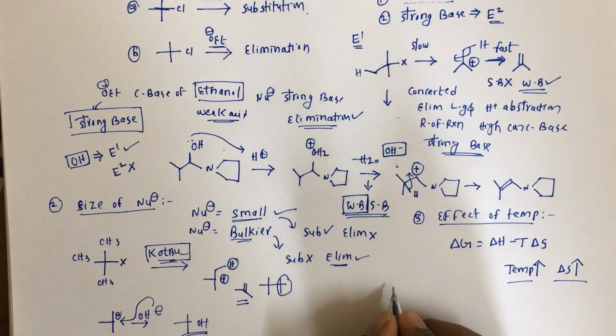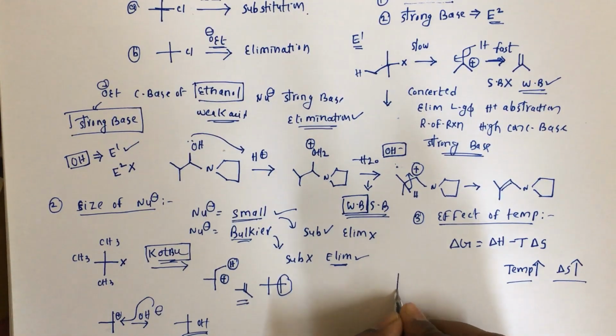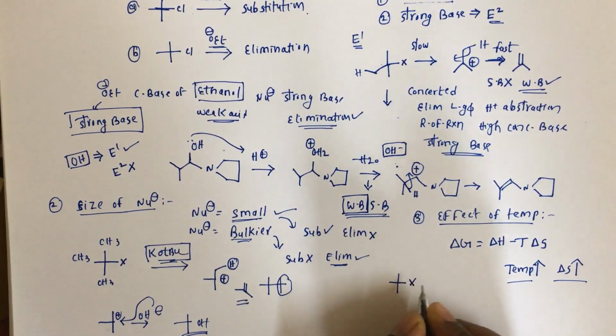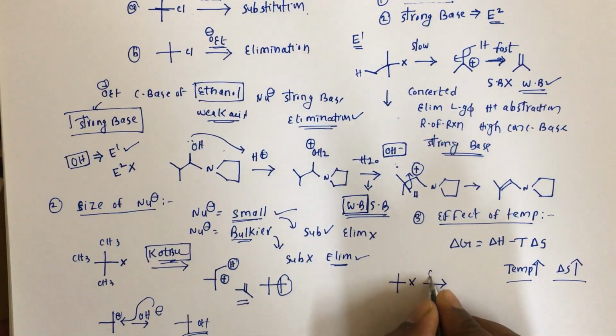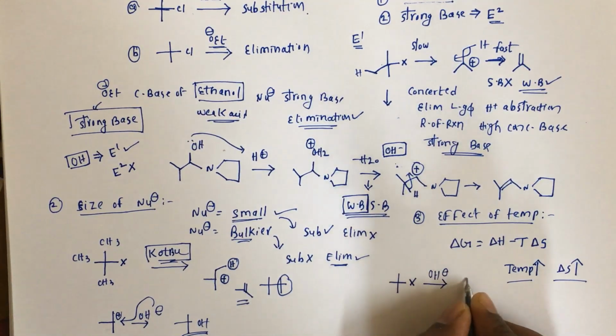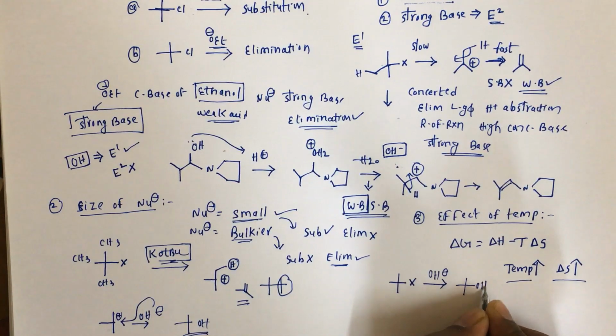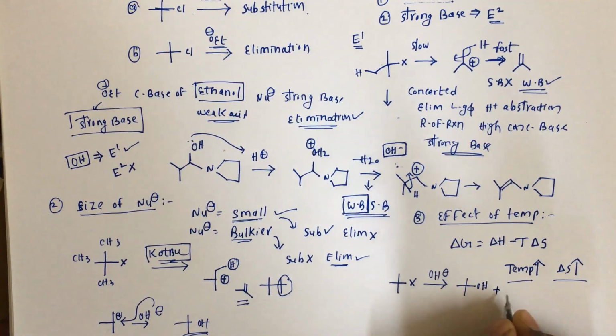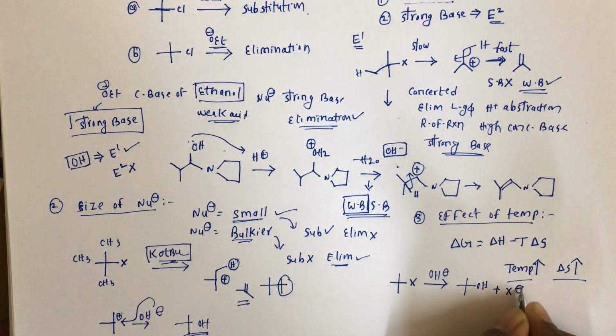Now if you take a substitution reaction in the presence of OH minus, here we have an alcohol plus a leaving group.